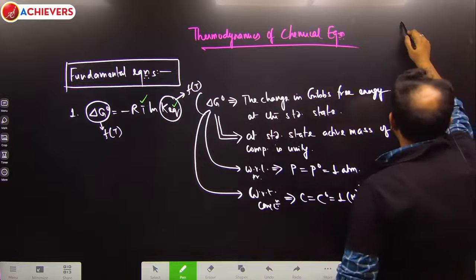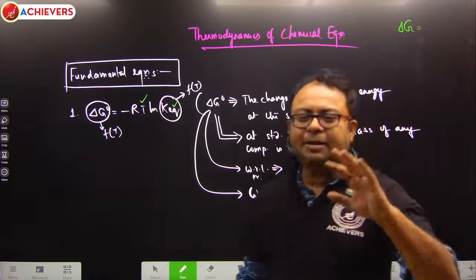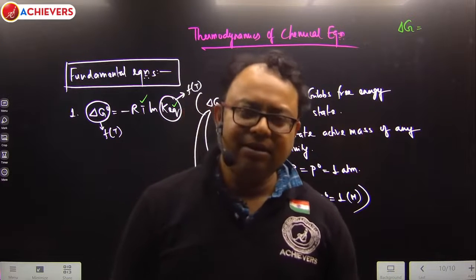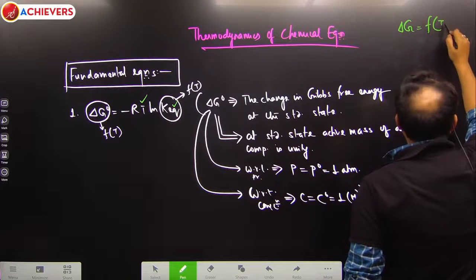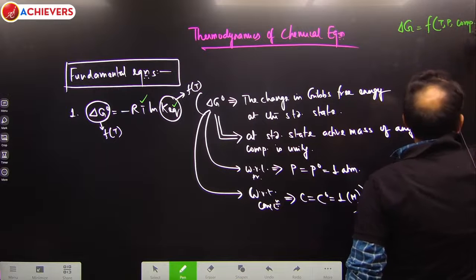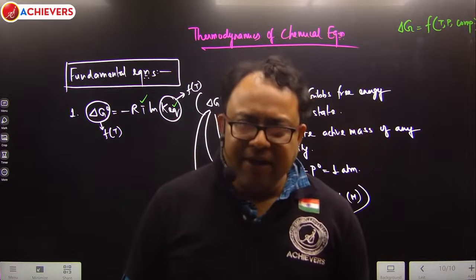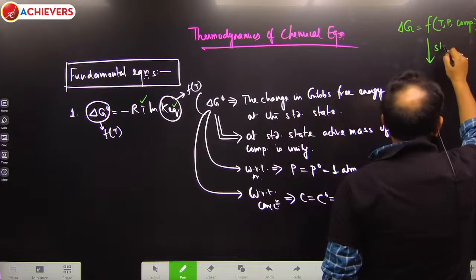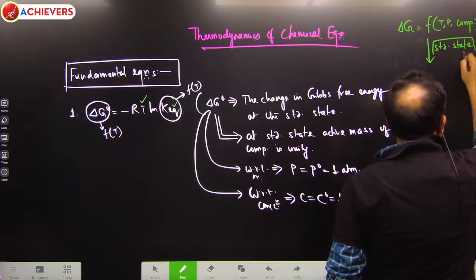You see, delta G, that is change in Gibbs free energy, not at the standard state, but generalized change in Gibbs free energy, depends on temperature, pressure, and composition. It will depend on everything. Now, if we are looking for standard state, then what is happening?